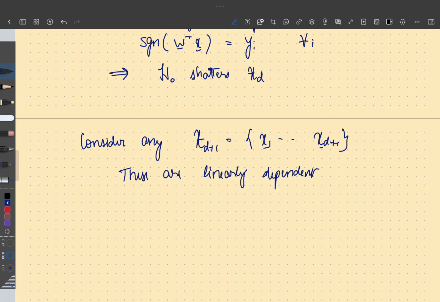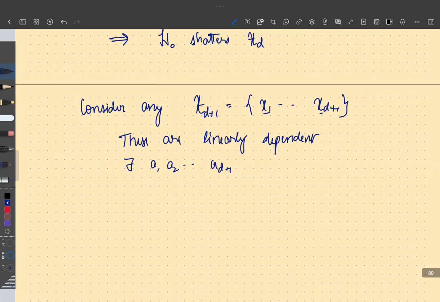So there should be some a1, a2 up to a_{d+1}, some collection of linear coefficients, such that the summation i equal to 1 to d plus 1 of ai xi is equal to 0. And not all of the ai's are equal to 0.